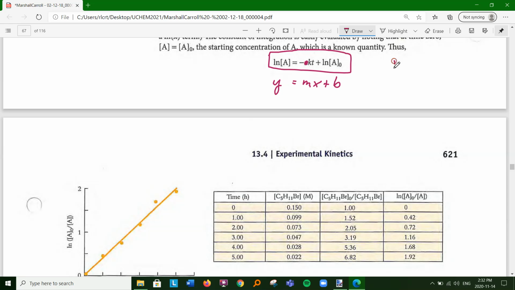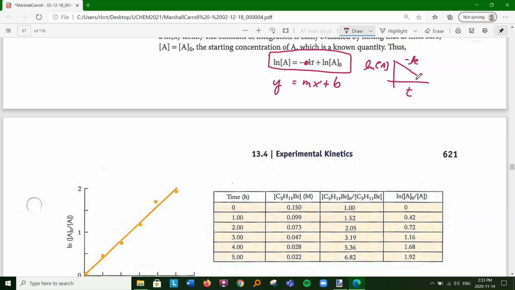They're doing it a different way, but here's another way it's done. The slope is minus k. The y-intercept is the natural log of the original concentration of A. So if your data gives you a straight line, the natural log of A versus time t with a negative slope, then you're talking about a first order process.